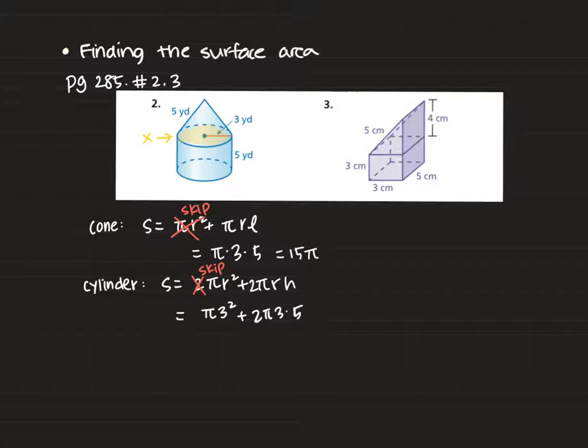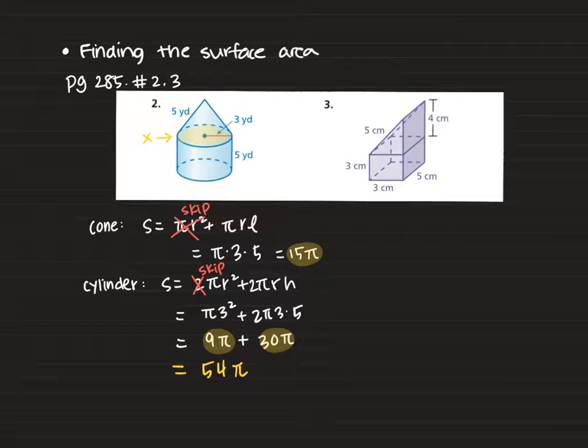When I do that, I am also going to put the numbers together and still leave the pi as is. So for the cylinder, it's going to be 9 pi plus 30 pi. When you add all of them, it's going to be 54 pi.